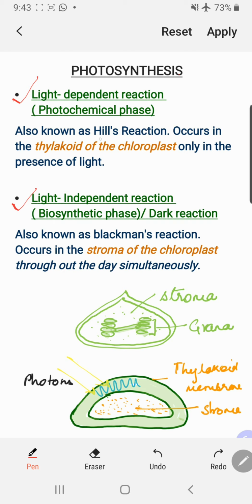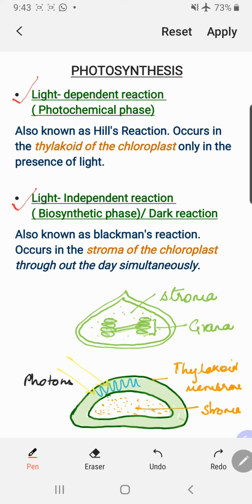Light dependent reaction is known as Hill's reaction. Because this was given by Robert Hill, so just on that name, Hill's reaction is there. And biosynthetic phase, the dark reaction, is also known as Blackman's reaction. So this is something to be learnt, so take care of these words.